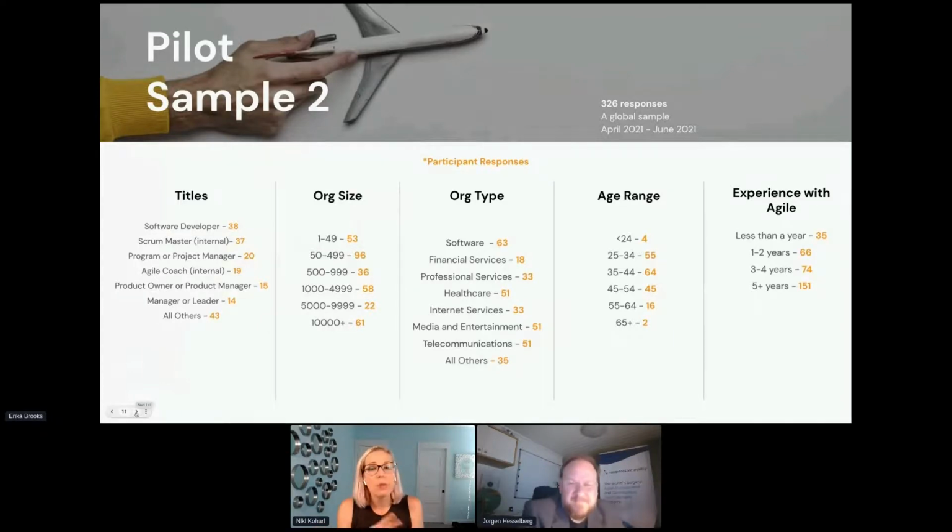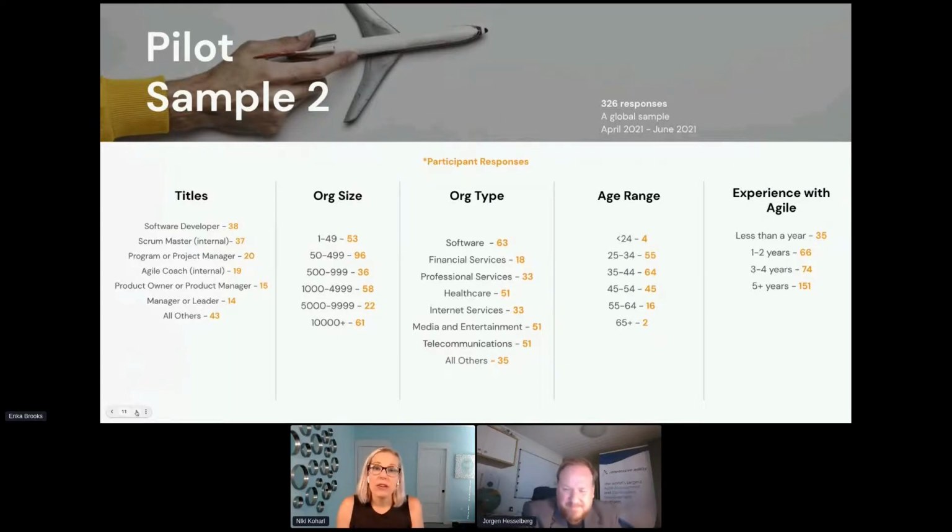And we had responses all over the globe, which is great, although there were concentrations in the US and Europe, but a little bit more of a global sample there. And then we had a mix of folks, again, from software teams this time around, a little bit more QA testers in this group, as well as executives and leaders in this mix as well. And again, about 46% of this sample had 5 years of experience in Agile, so pretty similar to the first group. So that gives you just a sense of who's out there taking this assessment this time around.